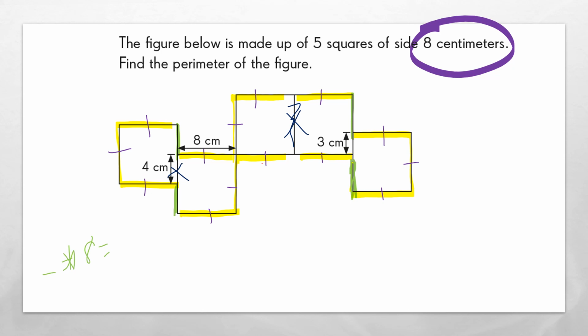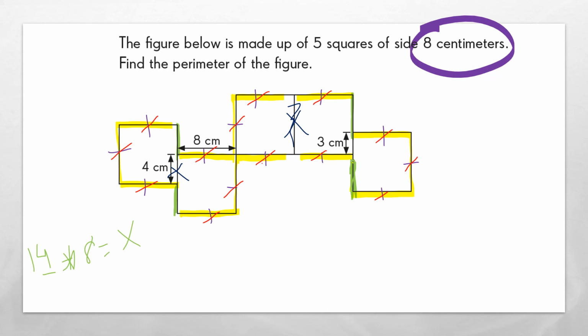Let's see. I'm going to make an X now. 1, 2, 3, 4, 5, 6, 7, 8, 9, 10, 11, 12, 13, 14. So 14 groups of 8. I'm not worried about what that equals yet.